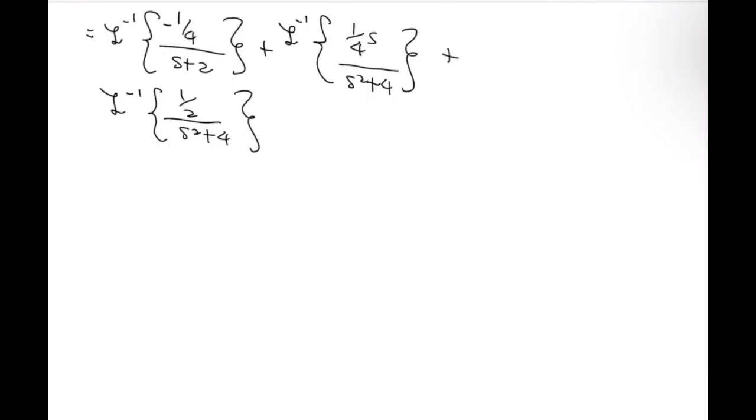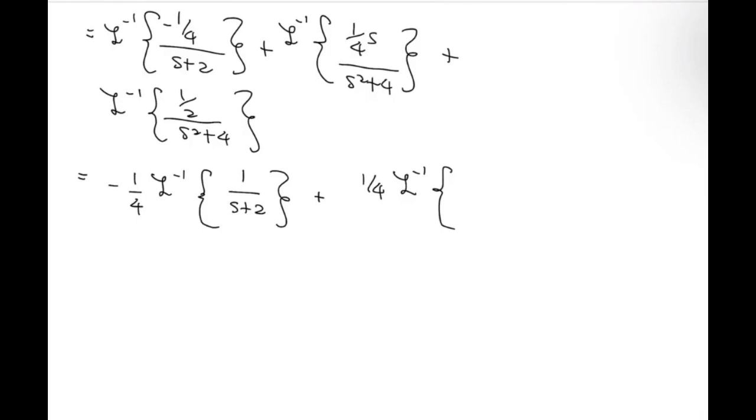So we can put 1 minus 1 over 4 outside. So we will have minus 1 over 4 inverse Laplace of 1 over s plus 2. So here we have 1 over 4 outside, inverse of s over s squared plus 4, where 4 will be 2 squared.